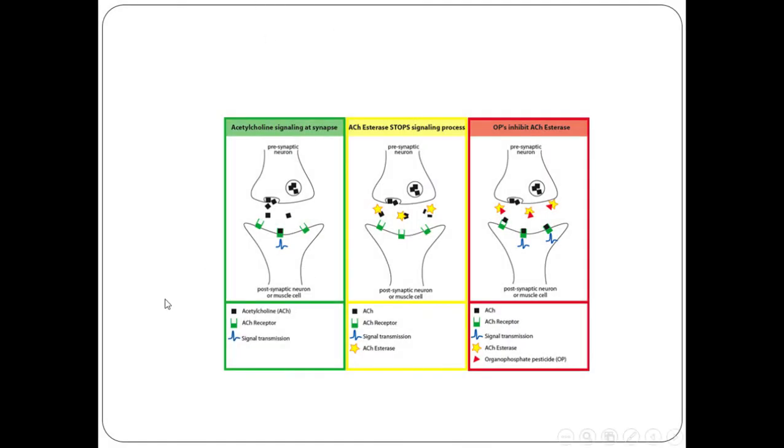In this picture, you see that organophosphate comes here to the cholinesterase enzyme and inhibits the cholinesterase enzyme.